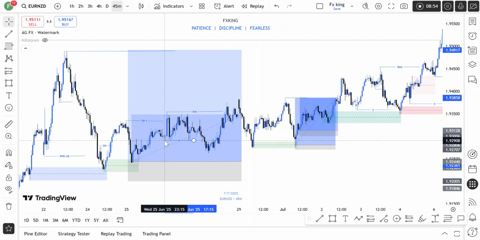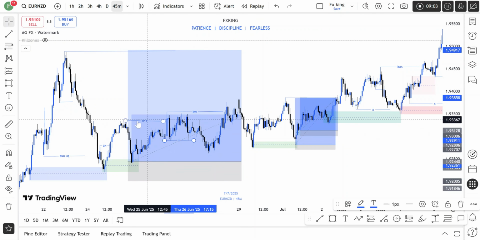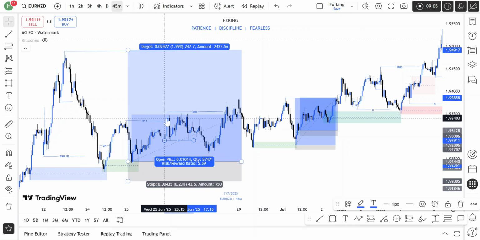This is where the inducement is. Now this inducement here is a minor inducement. This is a minor inducement because it was formed before this zone, before this break here. So it's inside this zone. So this becomes our minor.